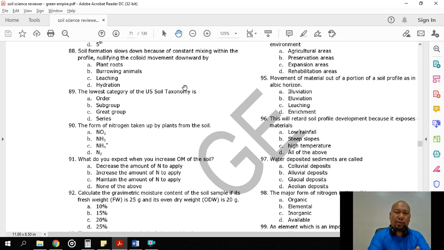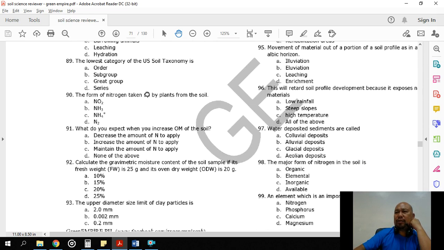Sometimes these examiners just put questions into the question bank, and the computer chooses randomly. So not all the time do you get a proper question. Sometimes it's weird, just like question number 88 for me. I don't know what that is exactly, but I would choose letter C as my answer.